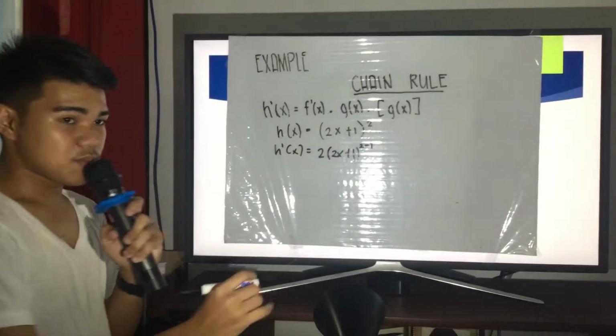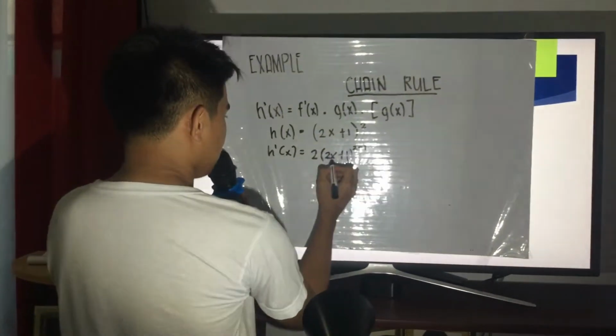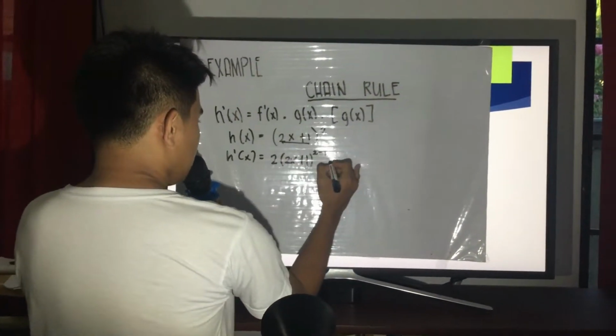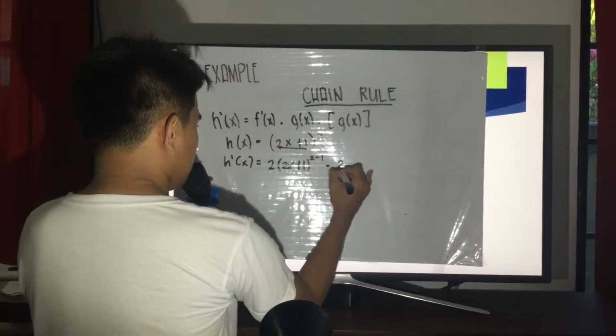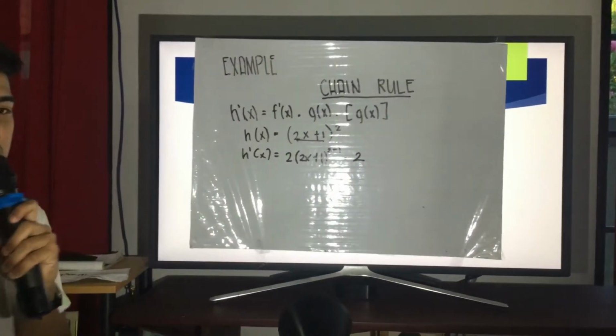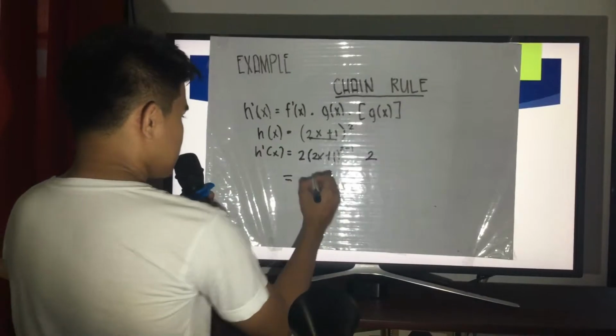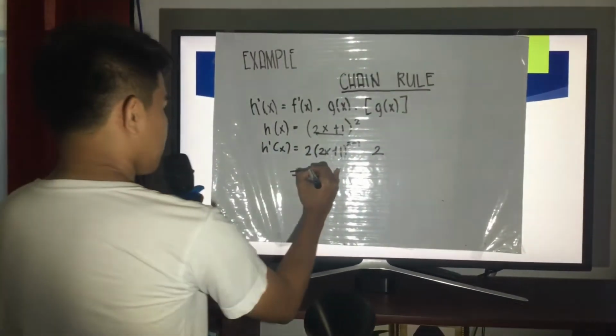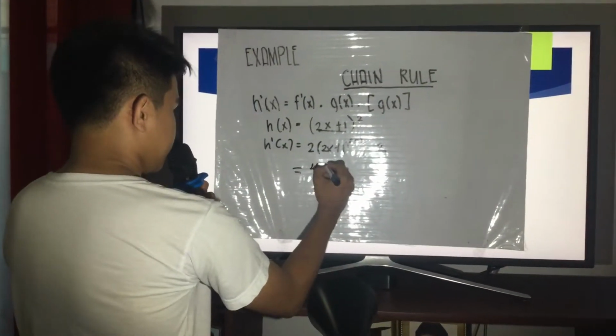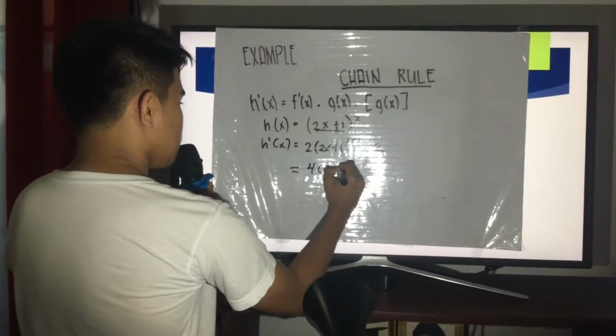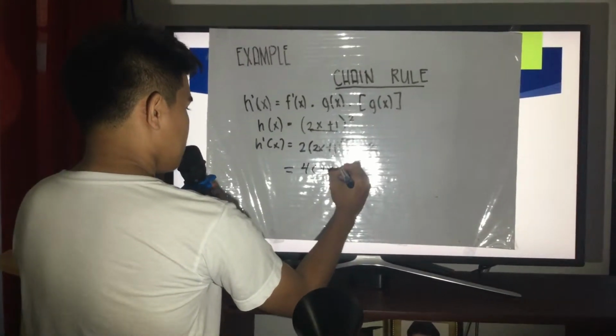Then the next process is we have to derive the inner function, multiplied by 2. So let's simplify. So it could be 4 times 2x plus 1.